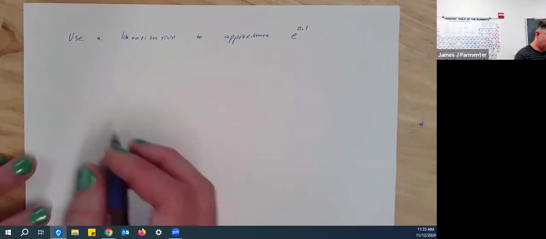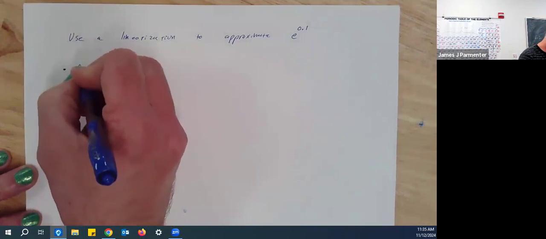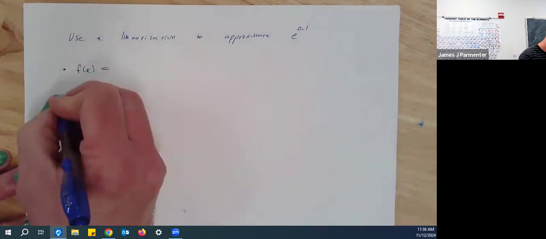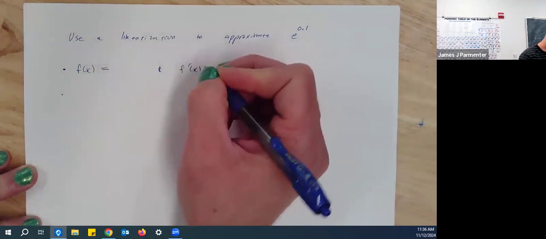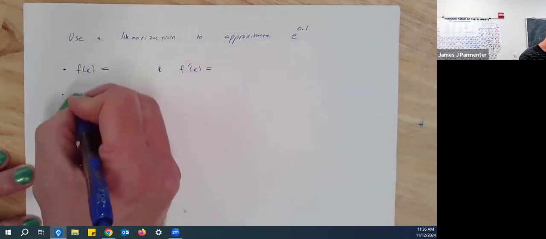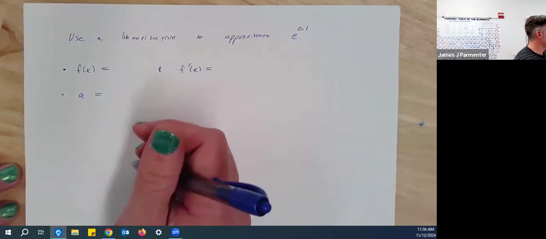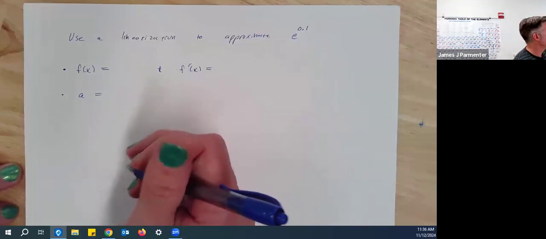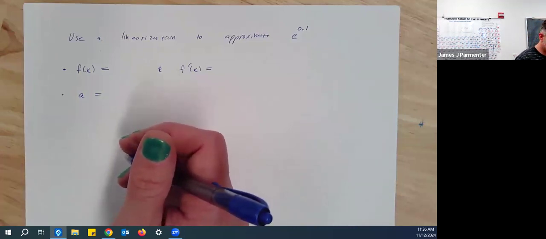So I want you all to do the following three things. Figure out what your function needs to be. Might as well find its derivative as well. And then figure out what your a value needs to be. The value that's close to what you have to plug in that's easy to evaluate. By the way, there's only one value that's easy to plug into e to the x.